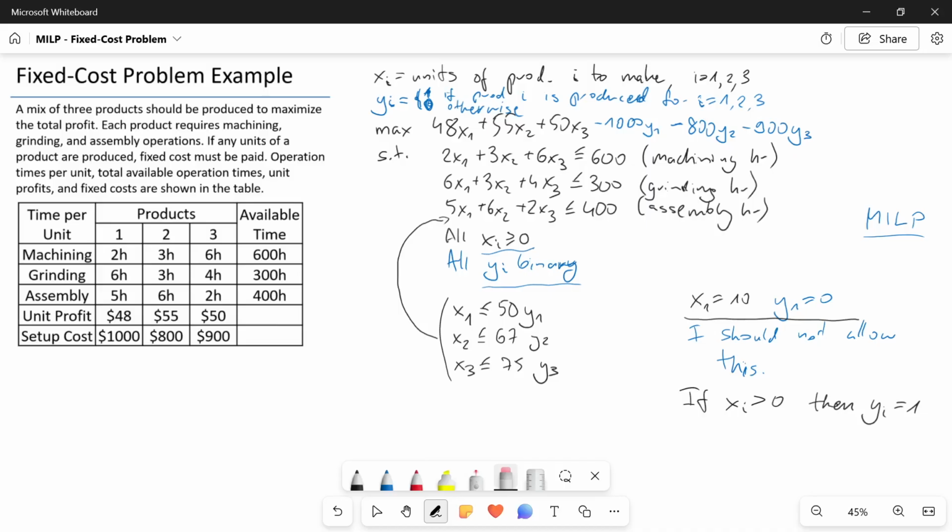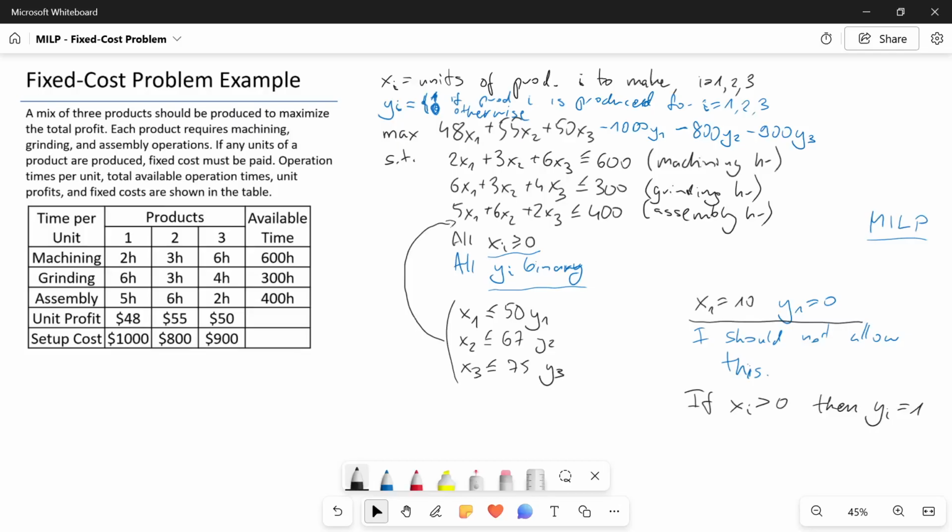It can find which products to produce to maximize the profit, while taking into account the setup costs, which also reduce the profit. In addition to the linking between x and y, notice that this 50 serves as a maximum limit for xi, but we can also have a minimum limit for xi if the product is produced.